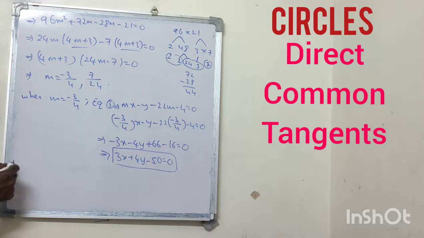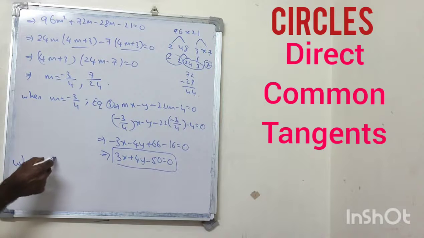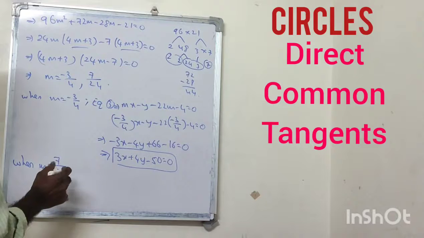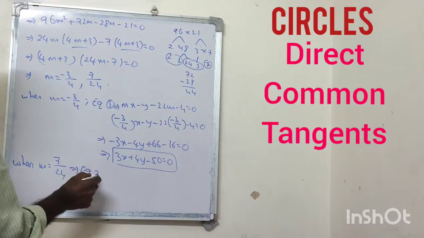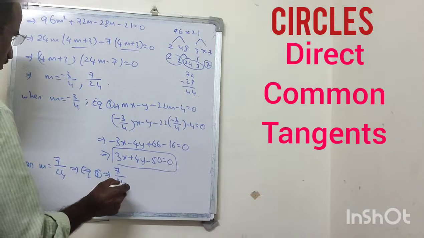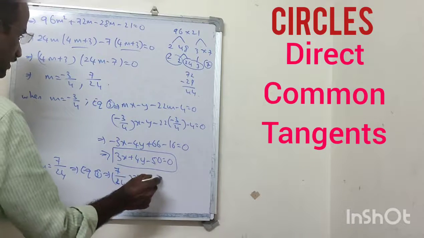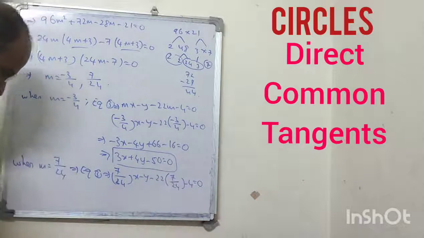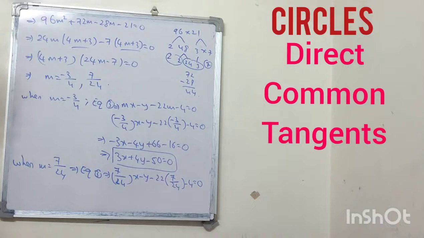Next, let us substitute 7 by 24 in equation 3. So 7 by 24 x minus y minus 22 into 7 by 24 minus 4 equals 0.